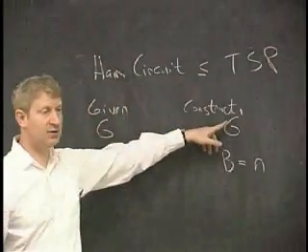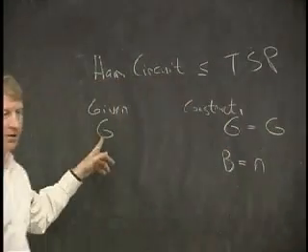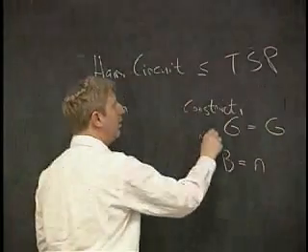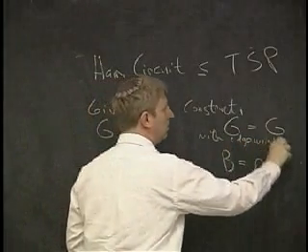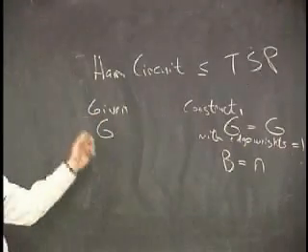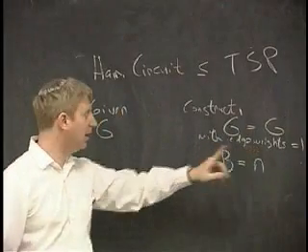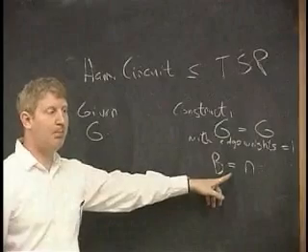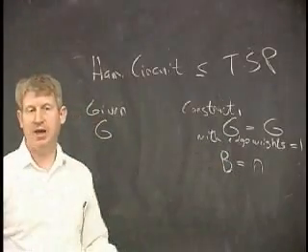And the graph is going to be the same as the graph we started, with edge weights all equal 1. That's the reduction. Take the graph, don't do squat with it except put weights on it of size 1, and then try to get a traveling salesman tour of size n.